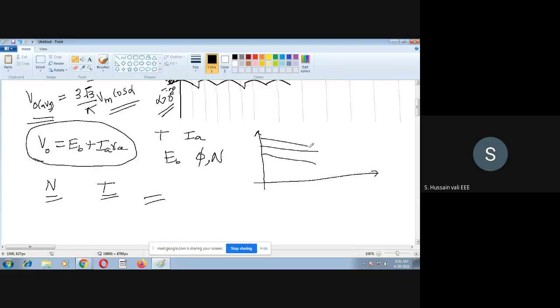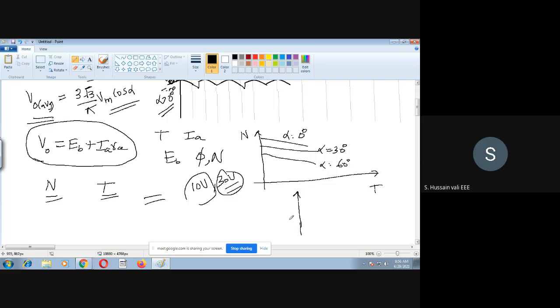The only difference is that the output voltage magnitude is different. If you have 10 volts in one case, you may get 30 volts in another. That's the only difference, the remaining thing is the same. The motor equations do not change. Your job now is to cross check whether these are correct or not, using the previous analysis. So this is speed and this is torque.